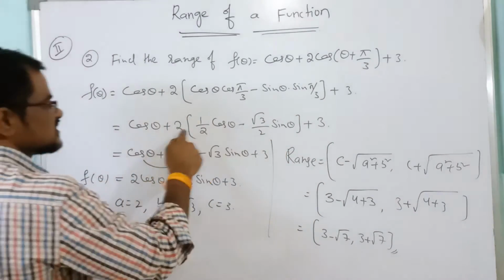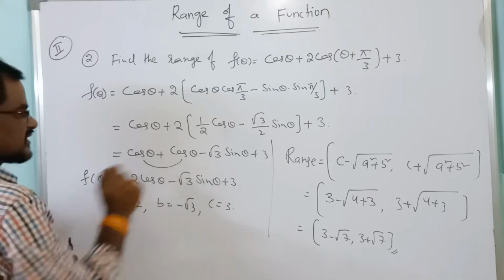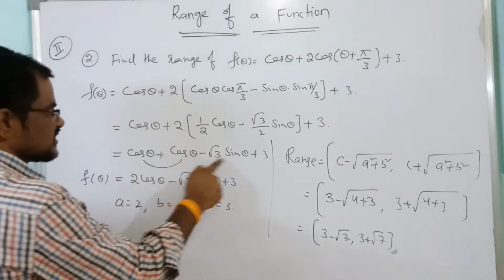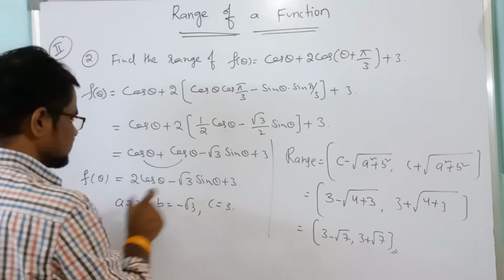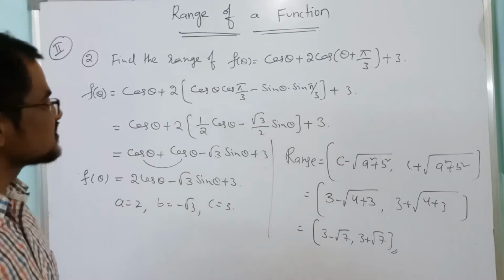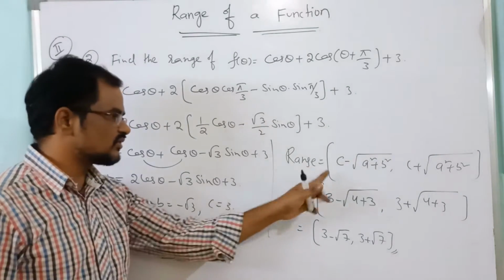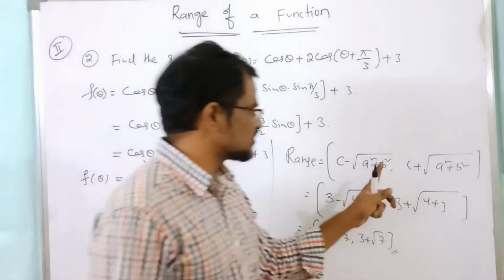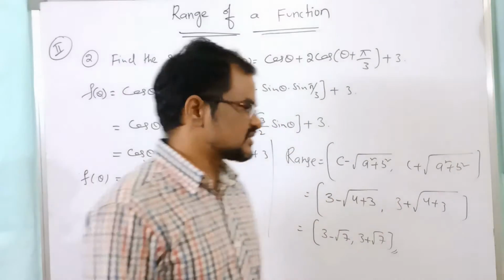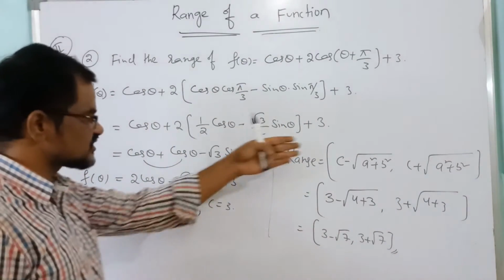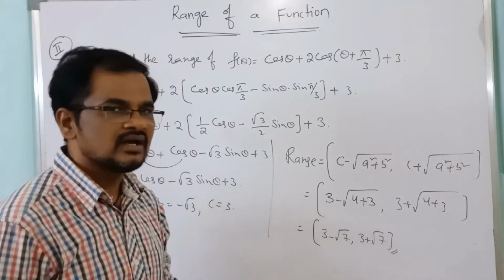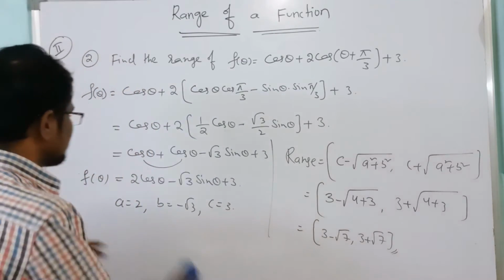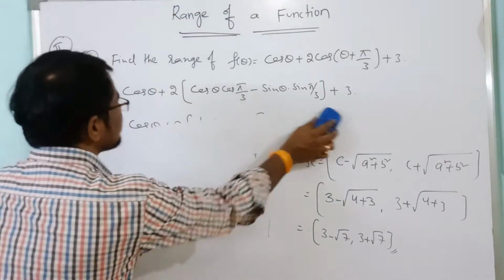Here 2 gets cancelled, here also 2. Cos theta plus cos theta, 2 cos theta minus root 3 sin theta plus 3. Now it is in the form of a cos theta plus b sin theta plus c. Now the range is what? c minus root of a square plus b square, c plus root of a square plus b square. Substitute these a, b, c values in this one, then you will get the required range of the given function.